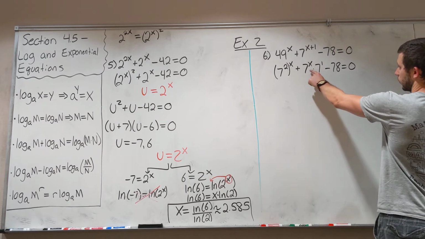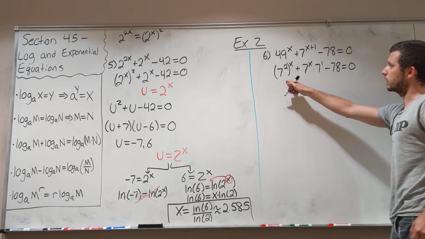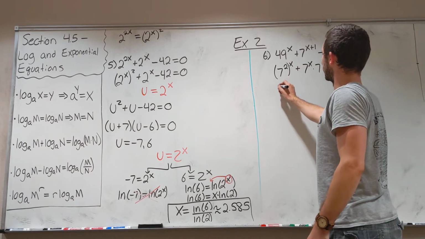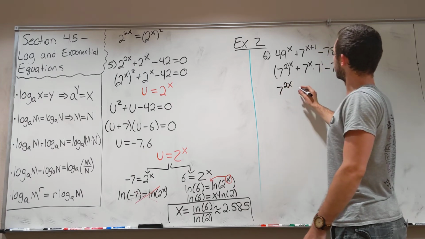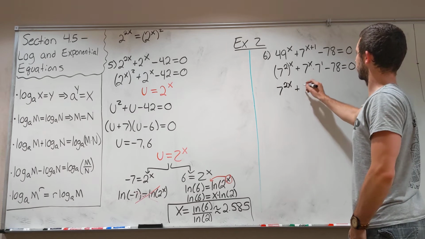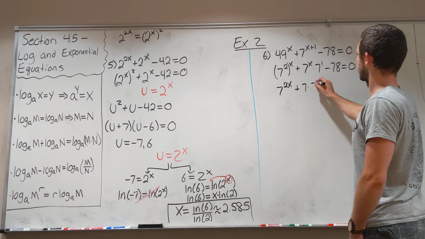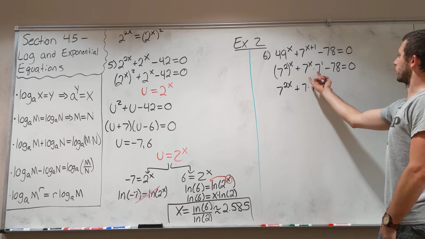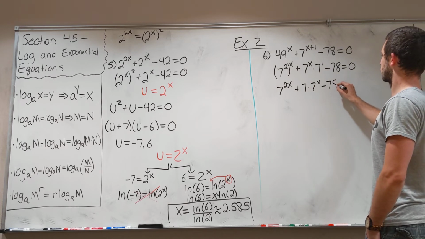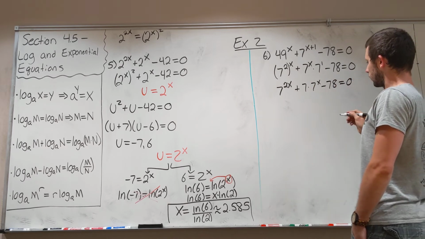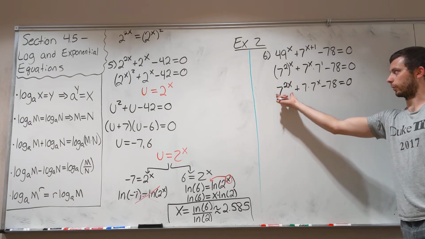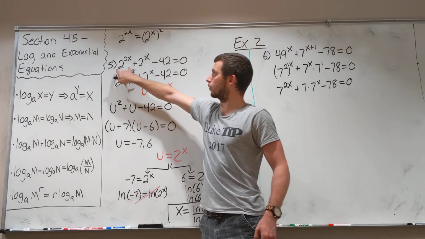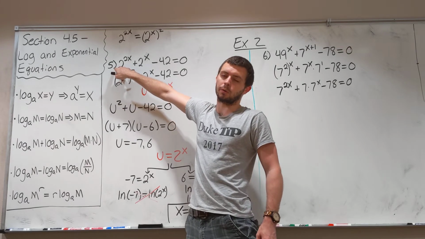So we see a 7 raised to the x here, and over here, this is the same thing as 7 to the 2 times x. We'll go ahead and rearrange the terms here. Now notice this first term is just like the 2 raised to the 2x we had before.